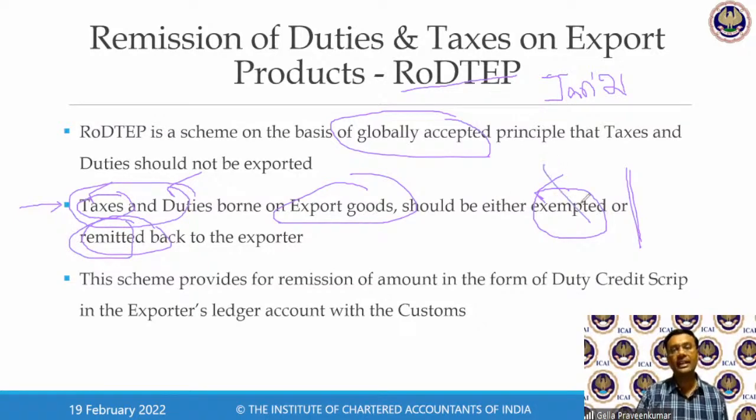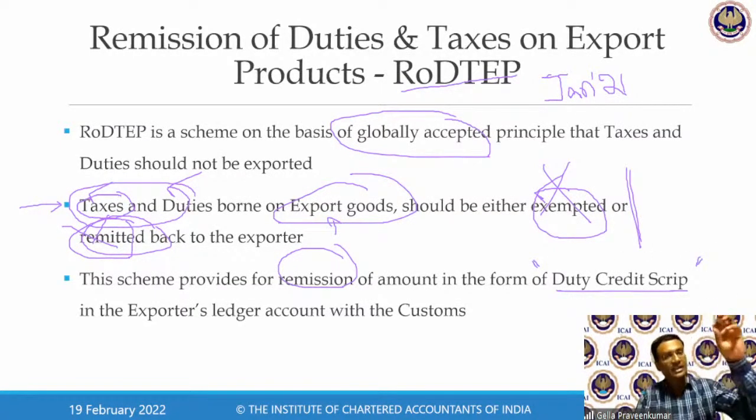What if there is no exemption, and the money is not given back to that person? Then this amount, which was suffered on these export goods, is given back as a remission. How does it happen? There will be an amount in the form of a duty credit scrip, like your electronic credit ledger under GST law.